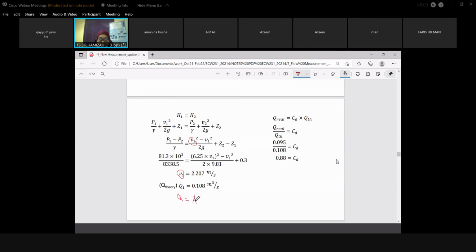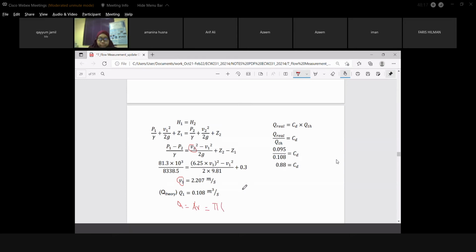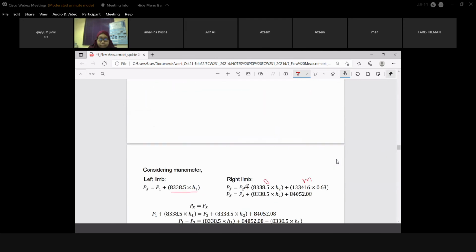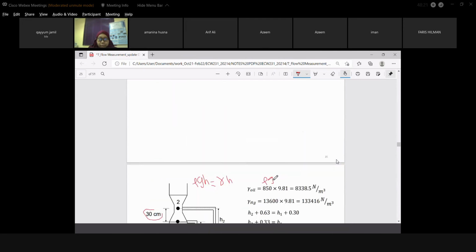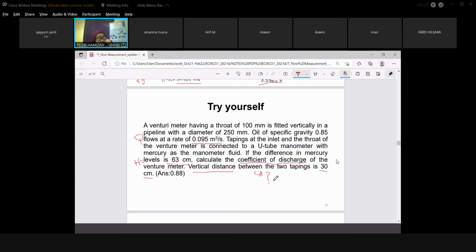So area here always refers to the area of the pipe, not the area of the throat. So what is the area? What is the diameter of the pipe? 250.